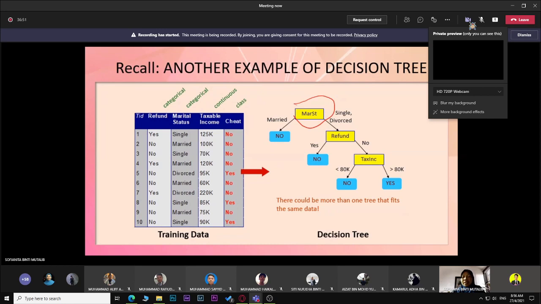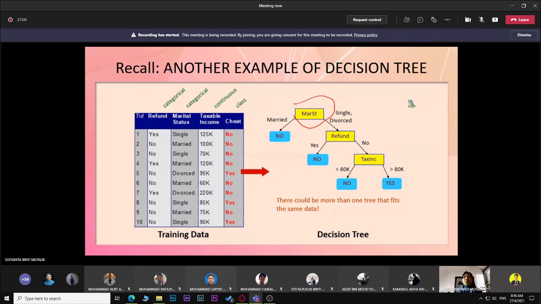Why does this happen? Because when you look at decision tree algorithms, there are lots of formulas that can be implemented in the decision tree. A lot of techniques can be applied in terms of selecting the best attribute, because the algorithm is actually a greedy approach.